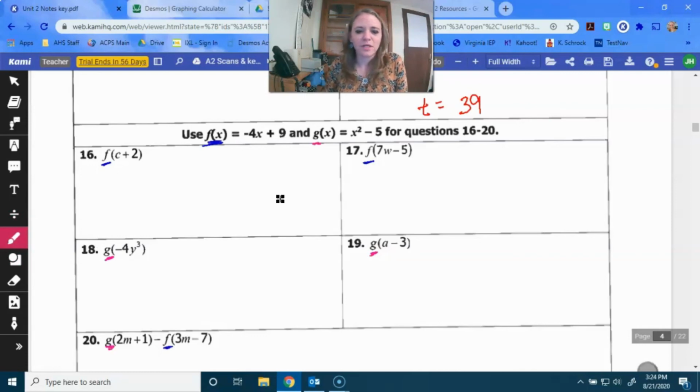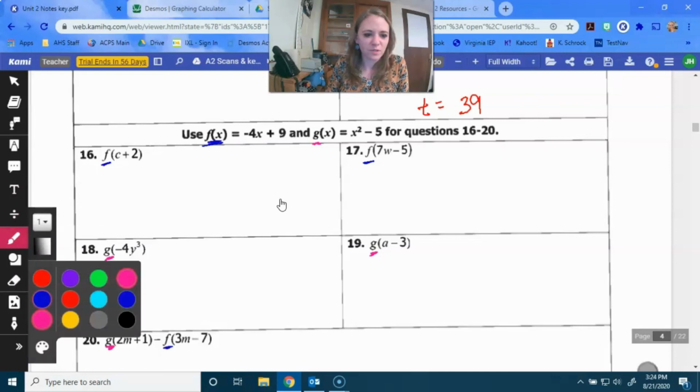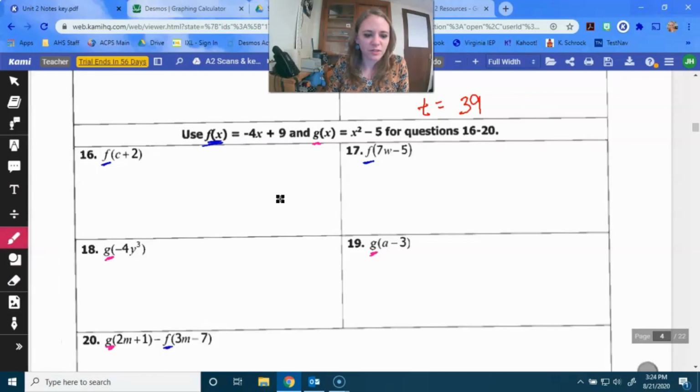Okay, so you have a little bit more complicated stuff to plug in here. For example, what color am I in? Let's just go ahead and do this one. So that means I have to plug in c plus 2 wherever I have x. So c plus 2 will go here. Negative 4 times c plus 2 plus 9.